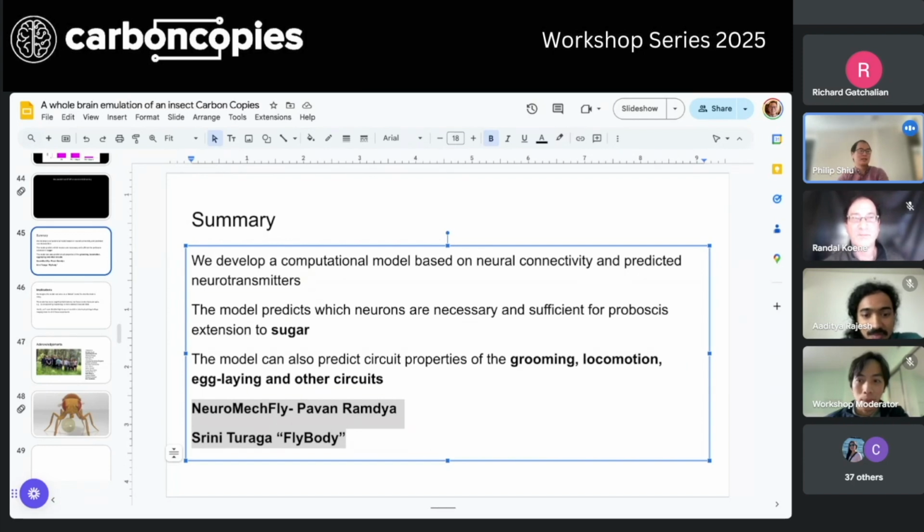I think it depends on what exactly you're trying to do, and if you're trying to do memory or a fly that has particular wants and desires, you're going to need to do more things with internal states and neuromodulation.